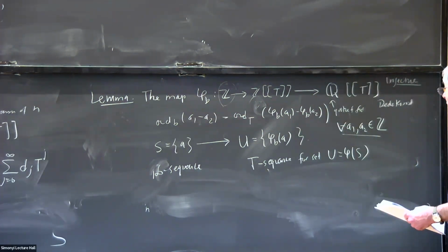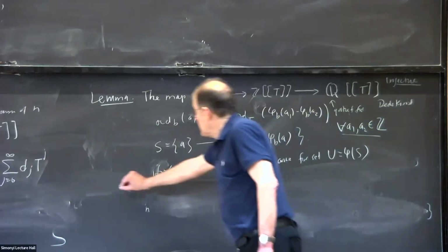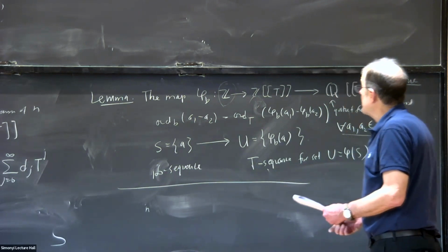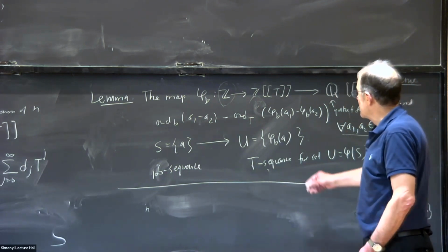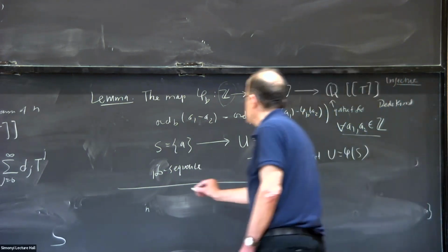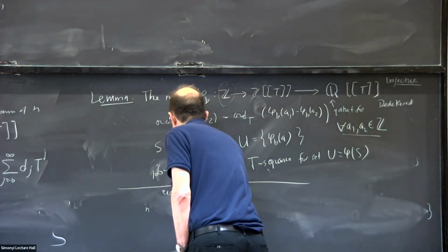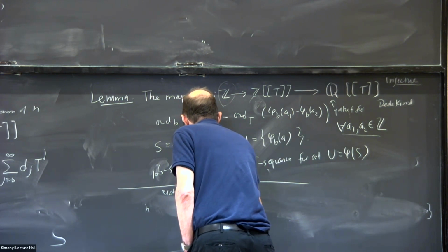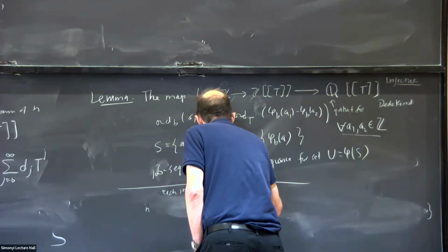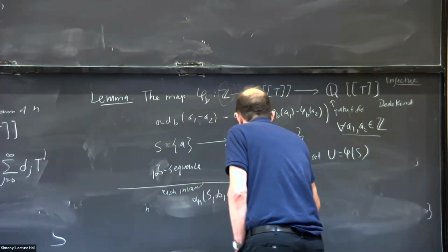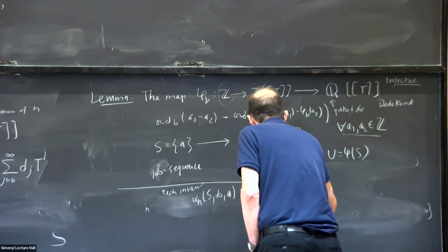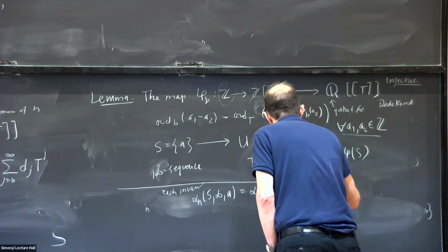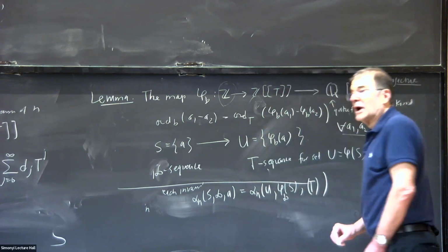Okay, so that does it. We mapped a B sequence into a T sequence, and the invariants match. Each invariant alpha_n of S, B, A will exactly equal alpha_n of U, phi_B of S, T in my new domain.